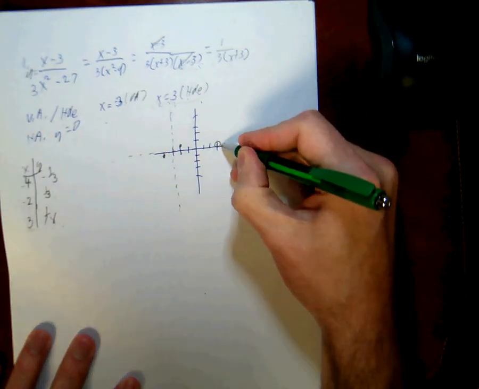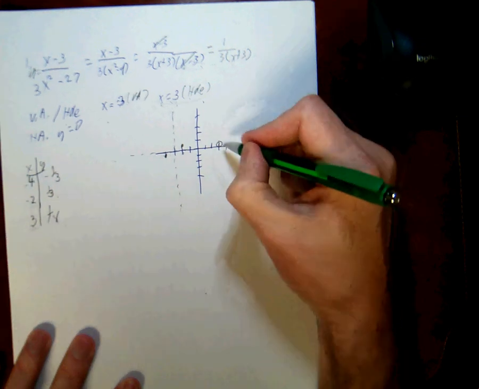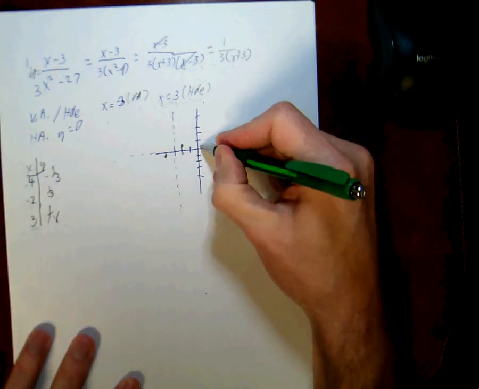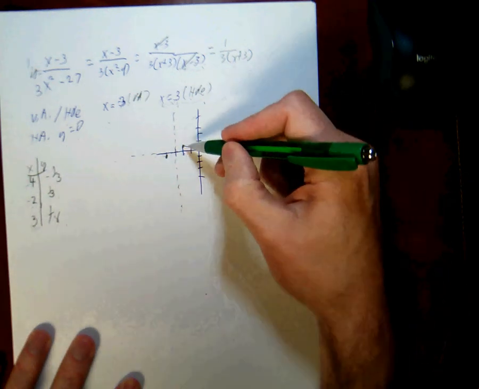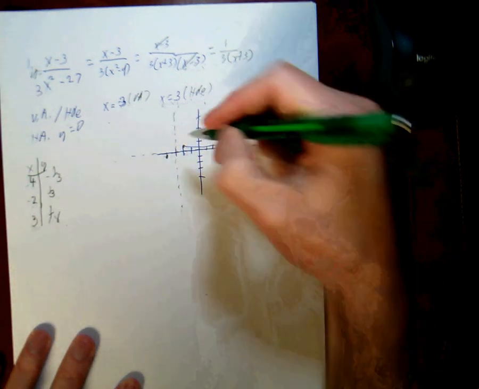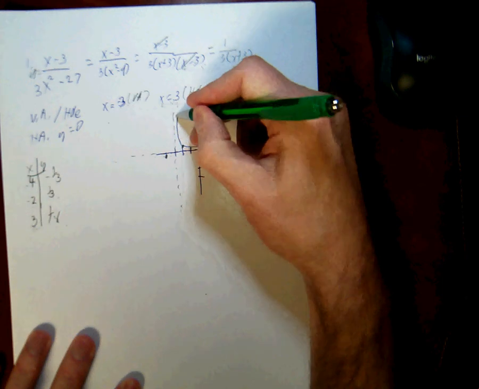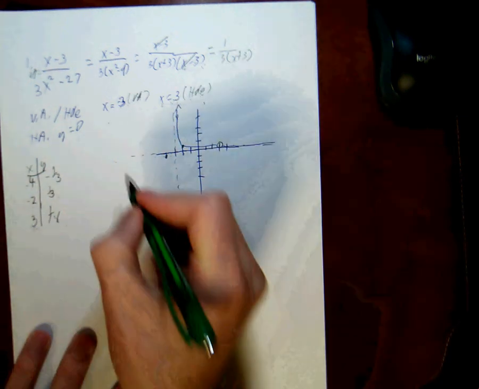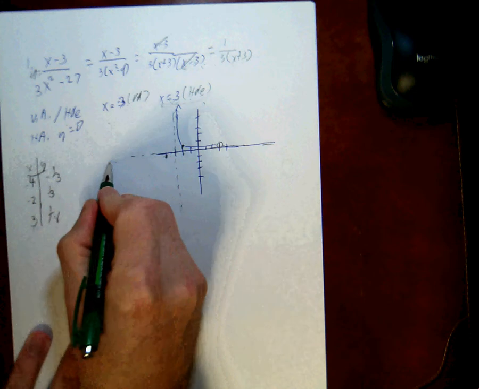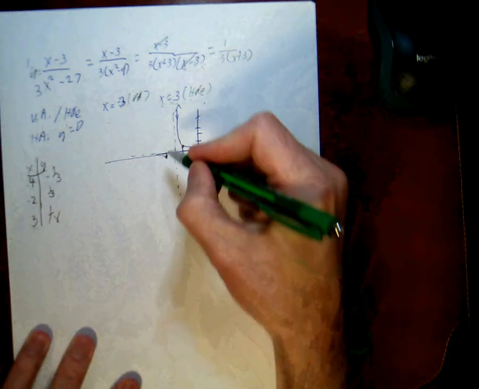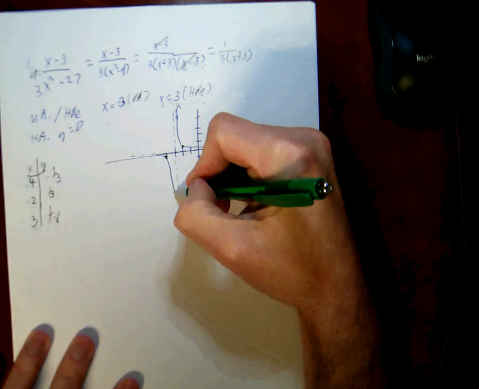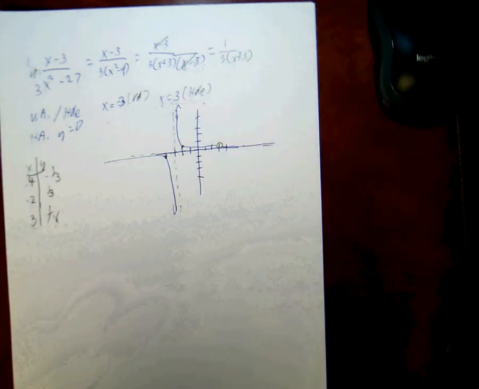Don't draw a line through the hole because it's supposed to be a hole, so we leave a gap. Then we hit this dot, and based on where the dot is, that determines whether we go up the wall or down the wall. In this case, it looks like we're going up the wall. Then I put my pencil on the asymptote over here, do a little swoopy thing to this dot, and this is going to go down the wall. And so I end up with my picture.